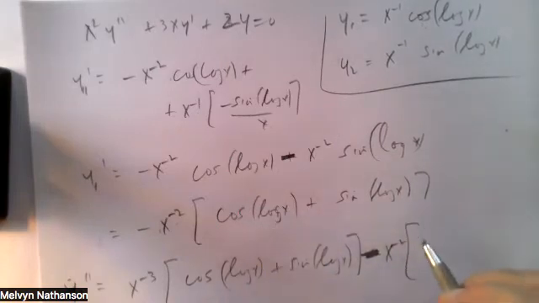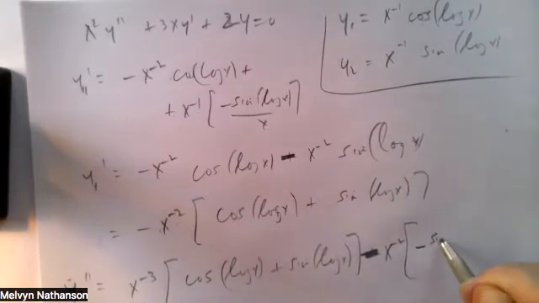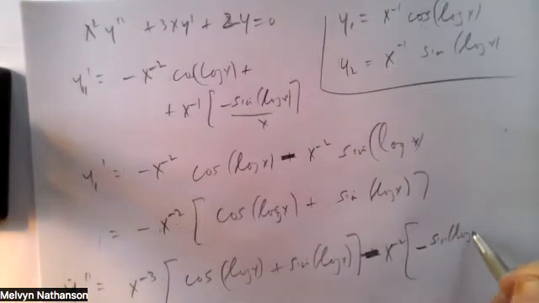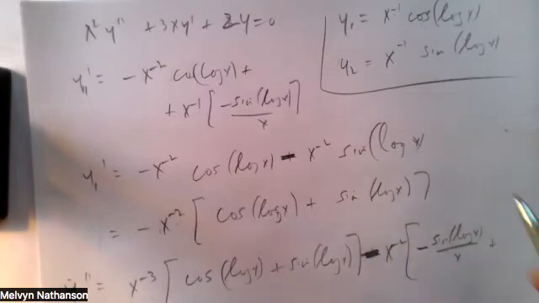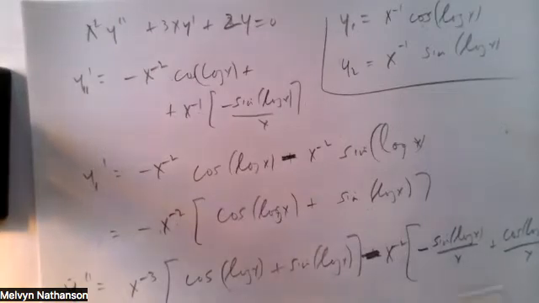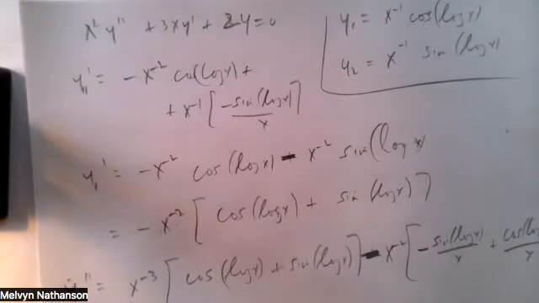The derivative of cosine log x is minus sine of log x over x. The derivative of the sine of log x is the cosine of log x over x. So I have x to the minus 3 times (cosine of log x plus the sine of log x).